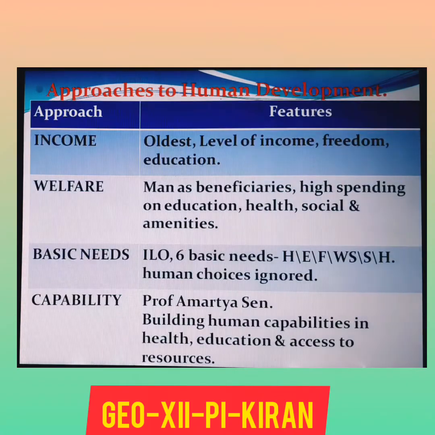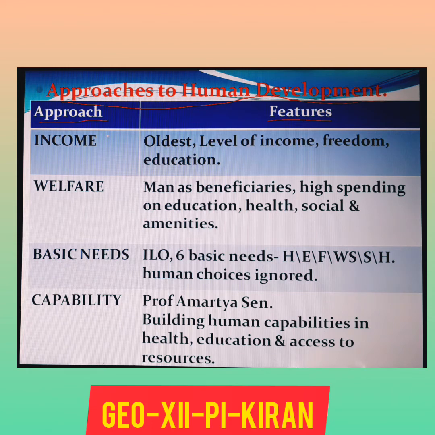Yes, students, after understanding the pillars of human development, now we are understanding the approaches of human development. It means what are the ways, methods, and tools to have higher human development, and they are called approaches of human development. And in the second column, we have the important features of the particular approach.